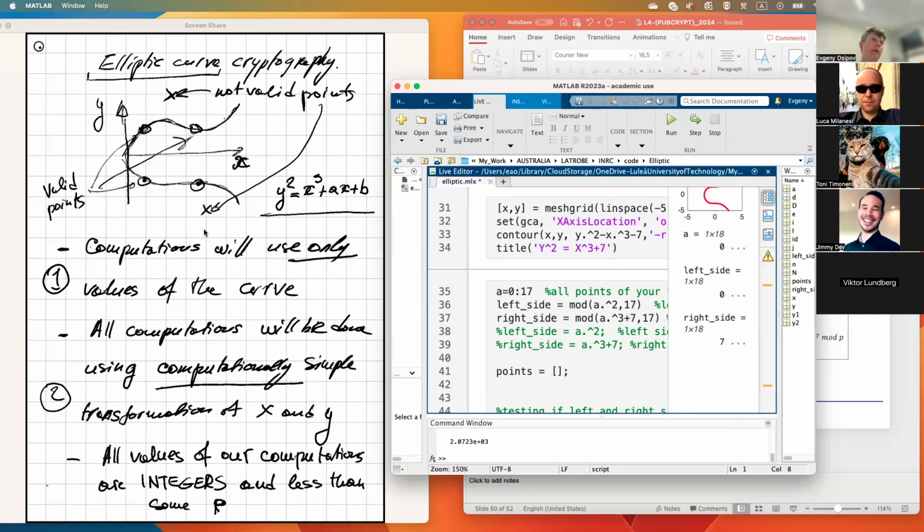And now this p can be in principle large. Well, not in principle. Even actually it is large, and you use it. You choose it as being prime.